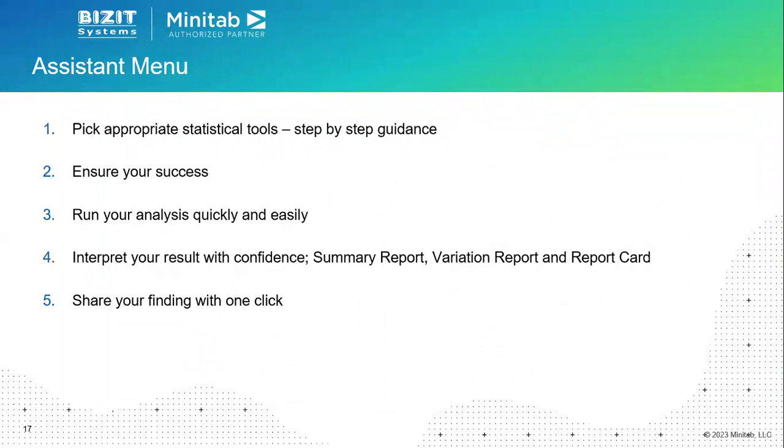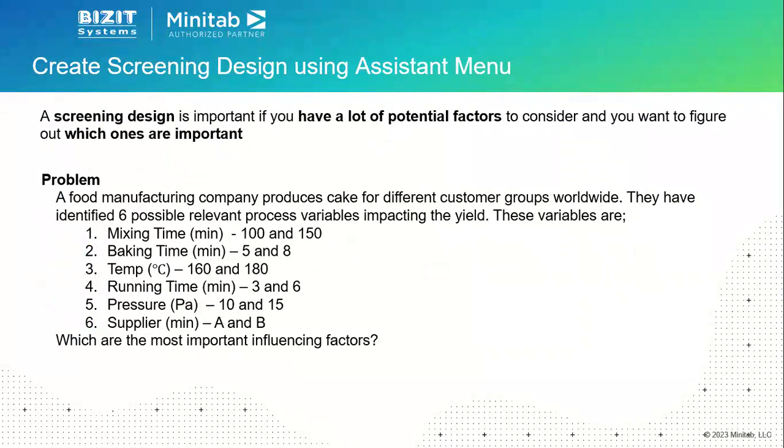So we try with the Assistant. With the Assistant, it will be easy for you to use design of experiments in your cases. For this case, a food manufacturing company produces a cake for different customer groups worldwide.